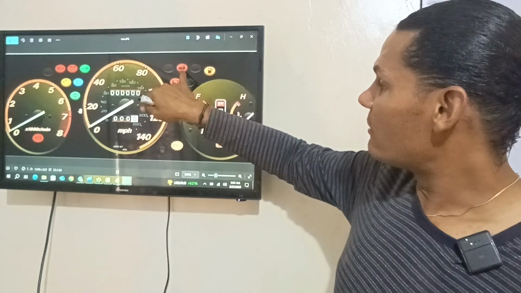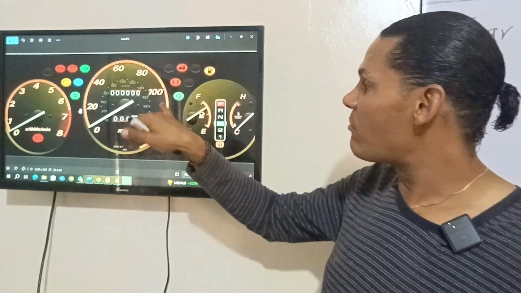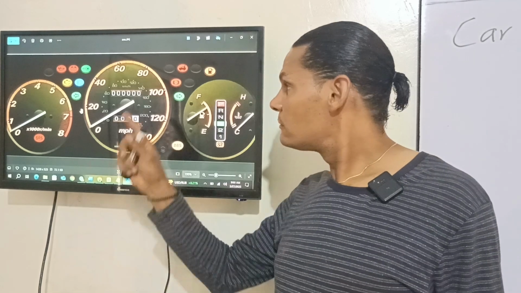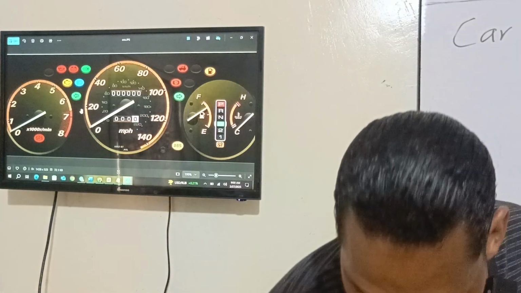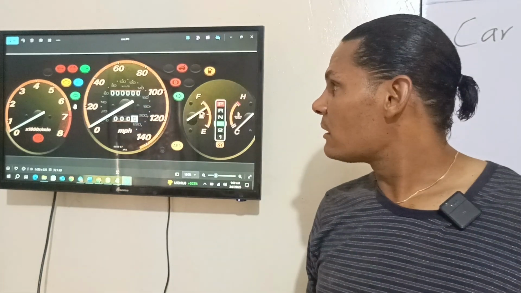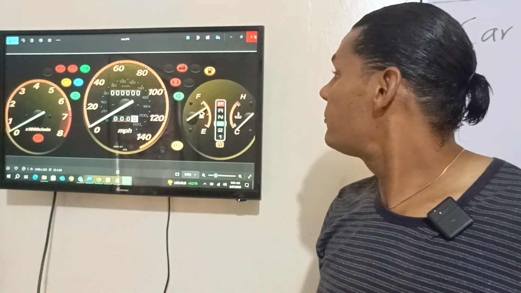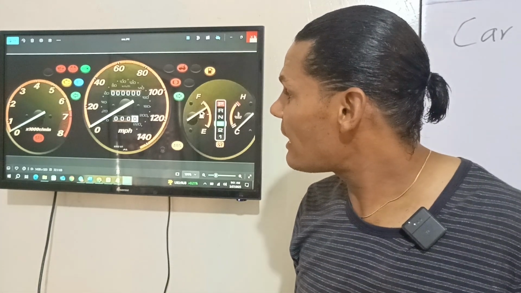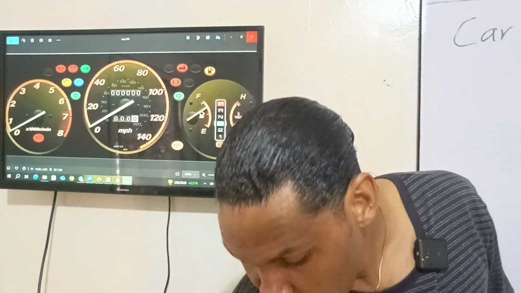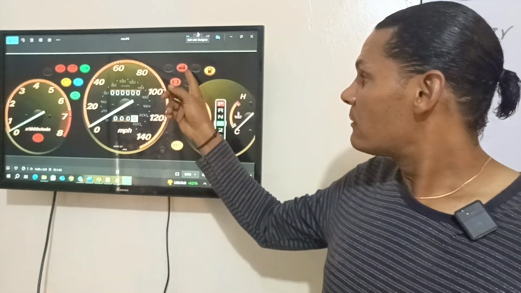Now, one of you, who can tell me what this could indicate? It's there in the drawing. What's that? Back boot, or rear boot open. Rear boot open.